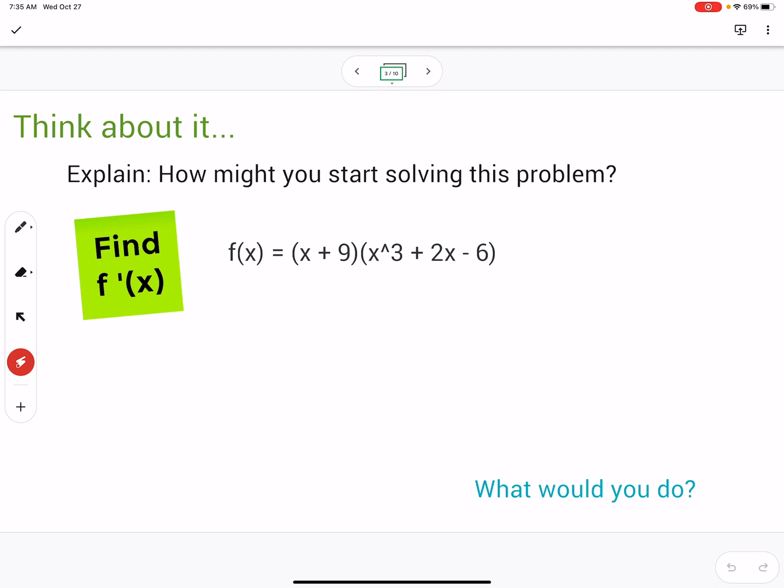Now, before we begin, let's just take a step back and think about this. If I was given this problem, now I didn't write it out all the way, so let me rewrite it a little bit here.